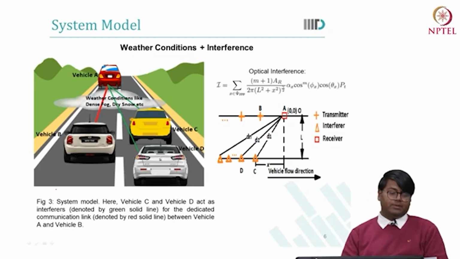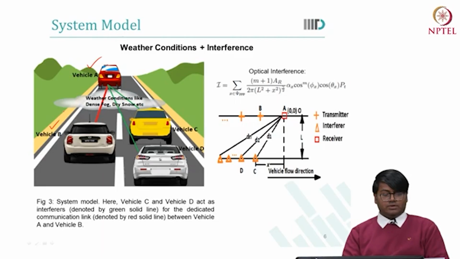We consider a one-way double lane highway roadway where a communication link, either RF or VLC, exists between vehicles A and B. So this is my vehicle A and this is my vehicle B. The communication is happening between vehicles A and B. And vehicle B is my transmitter, which is trying to communicate some information. Now that information can be the speed of the vehicle, traffic directions or warning messages.